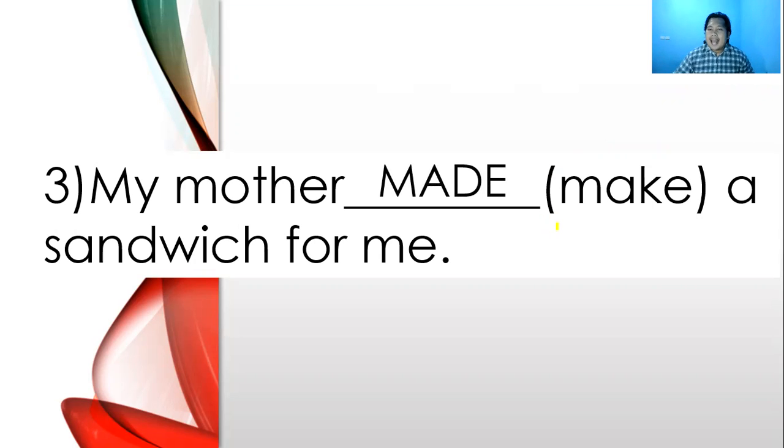Made is the correct answer. So is it a regular or an irregular verb? Okay, correct. That is an irregular verb. Why? Because we changed the spelling of make to made. Okay, so we changed the spelling. Again, irregular verbs change the spelling.